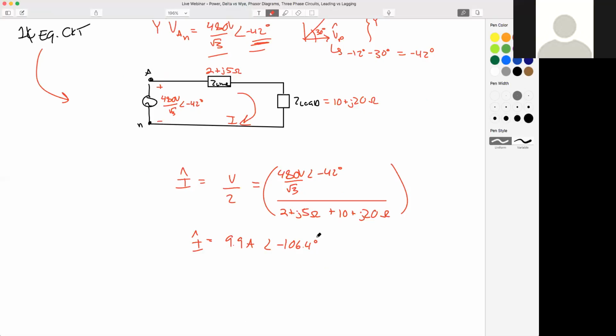And let's see. Omar, I got a slightly different answer. I got 0.36 amps. Let me just double check this one more time. 480 volts divided by square root 3 at an angle of negative 42. Yep. Okay, divided by 2 plus J5 plus 10 plus J20.